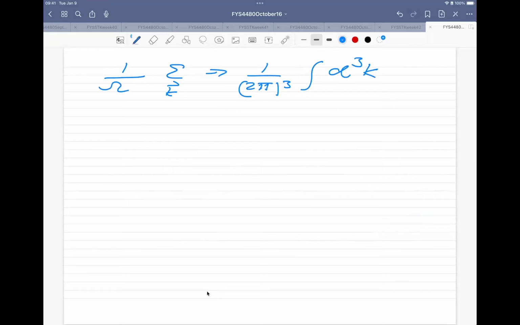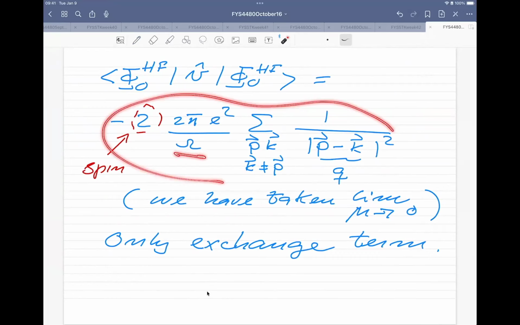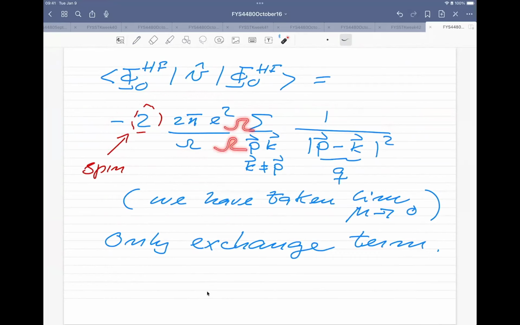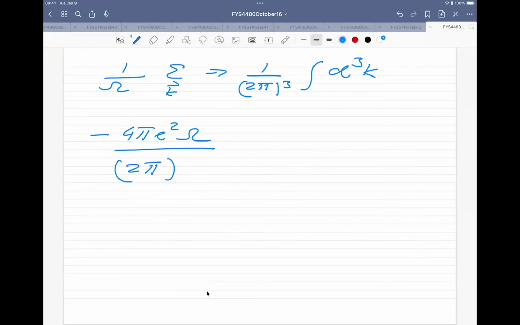So then what happens if I include this, if you look at what we have here, then this term here, since we have only one volume element, we need to multiply with a volume here and a volume here in order to perform this transformation for both K and P. So what we are going to get then is minus 4 pi e squared, we need another volume element. And then since we have two summations, this is 2 pi to the power of 6.